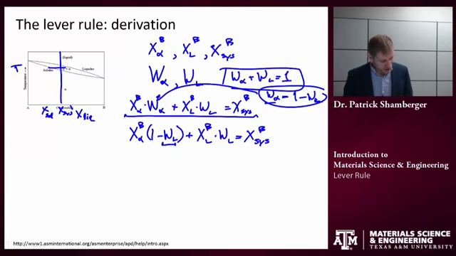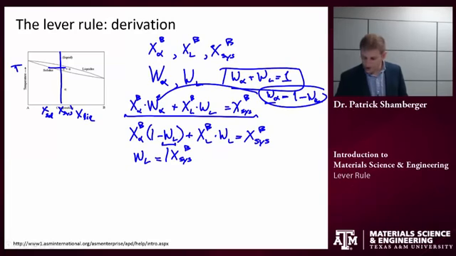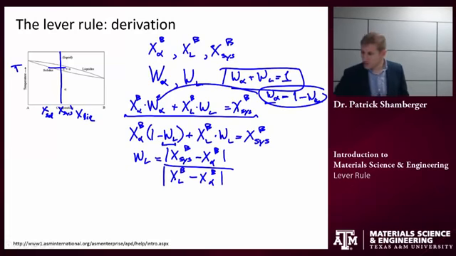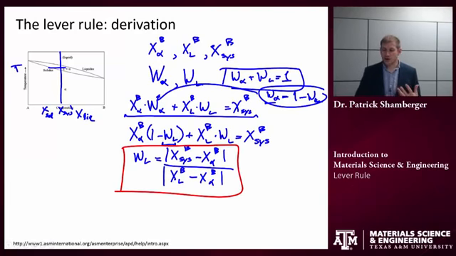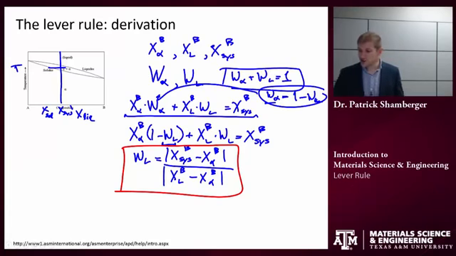I encourage you to work through this yourself, but what you'll find is the mass fraction of liquid equals the absolute value of the composition of the system minus composition of alpha, over composition of liquid minus composition of alpha. And again, this is all relative to component beta. I could repeat this calculation for component alpha and get exactly the same result.